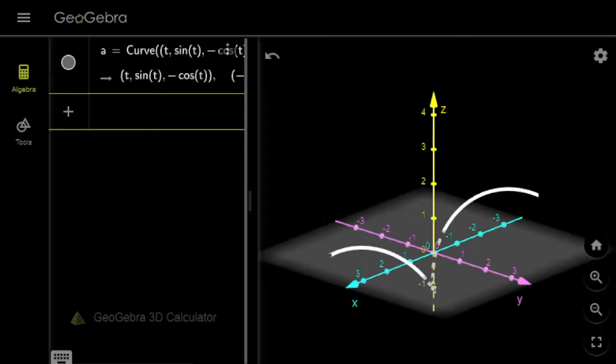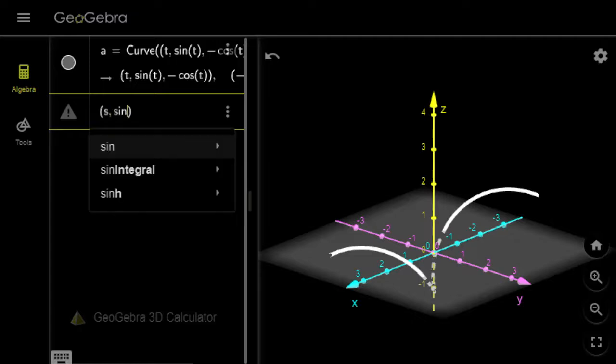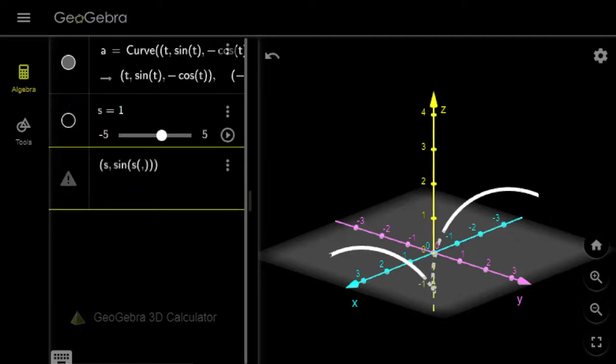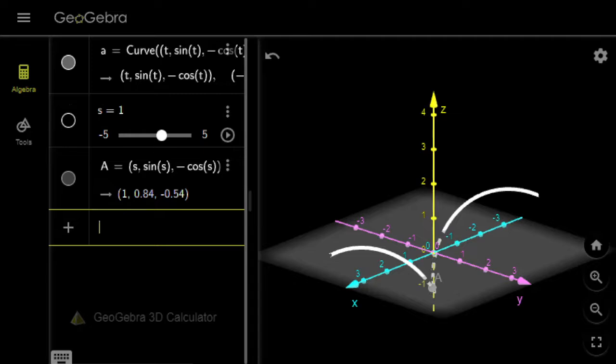To make things a little bit confusing, GeoGebra can only handle graphing if the independent variable is labeled as t. Otherwise, it doesn't quite know what to do. To show you what I mean, notice here that I've labeled s, sine of s, cosine of s.